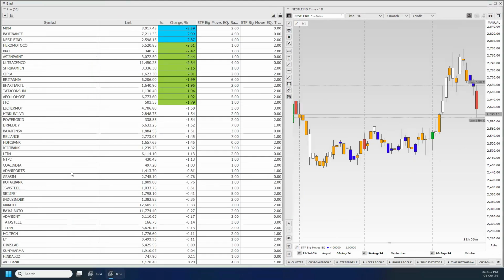Nifty 50 itself will not come, so I will remove it. What you are seeing are two different columns: one is a rating column, and the other is a trend finder column.